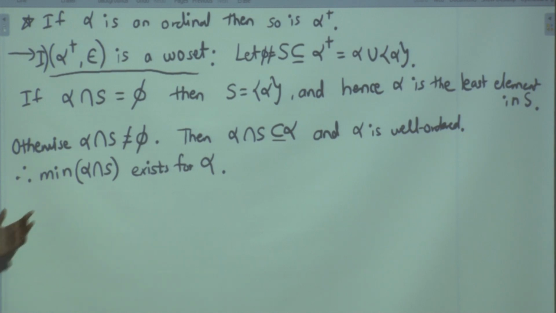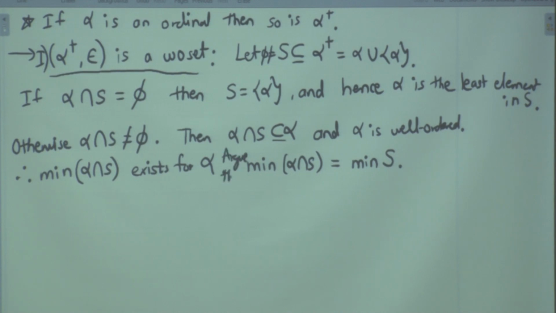So therefore, the minimum of alpha intersection S is also equal to the minimum of S. So we are done proving that alpha plus with respect to membership relation is a well-ordered set.